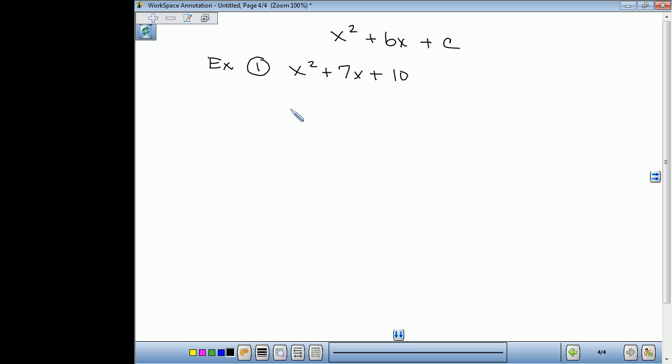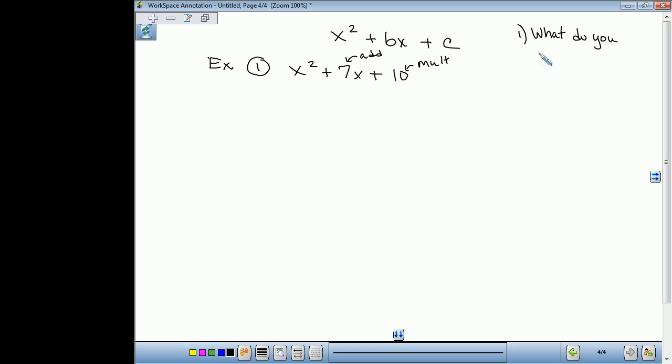So I can't divide out a greatest common factor because it doesn't have one. When it's in this form, and there's the understood 1 out in front, the way you factor it is you ask yourself, what do you multiply to get this number that you add to get that number. So you ask yourself, step 1, what do you multiply?